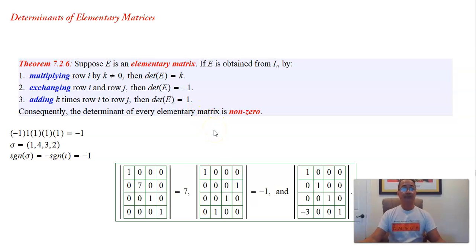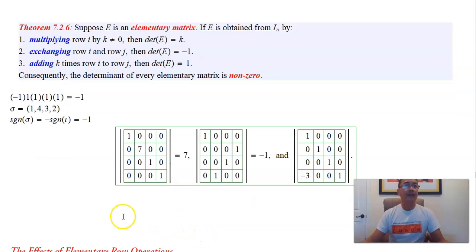And remember that I mentioned that one of the main theorems that we're going to prove about determinants is that it's basically a litmus test. A matrix is invertible if and only if its determinant is not 0. So these determinants are not 0. So obviously all of them should be invertible.